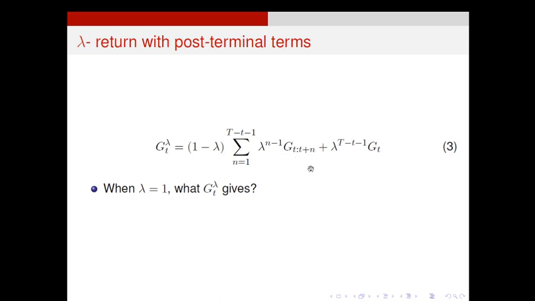The remaining terms contain powers of lambda. So when lambda is equal to 0, the outside term 1 minus lambda becomes 1, so this is just unity, and this sigma becomes just G_t:t+1, the one-step return. So when lambda is equal to 0, this gives the one-step return.